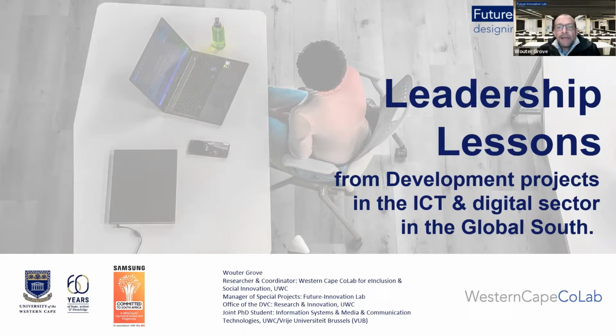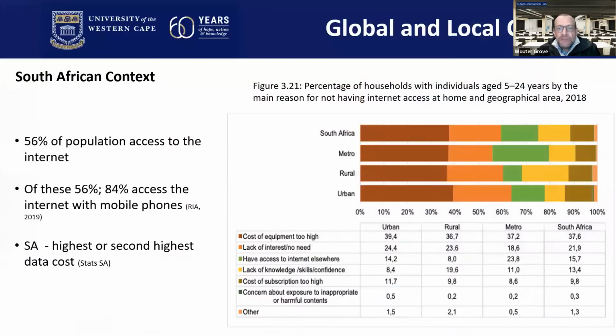So yeah, let me just sketch for those of you unfamiliar with the South African context. We're based in Cape Town, South Africa, where about 50% of our population got access to the internet, and it's predominantly mobile first. So about 84% access to the internet through mobile phones.